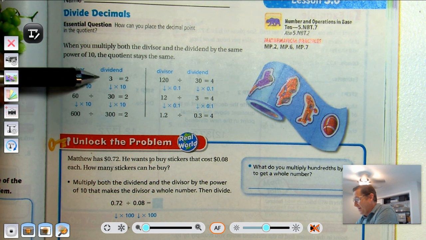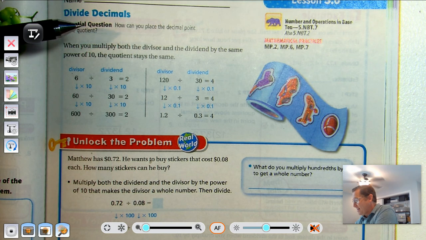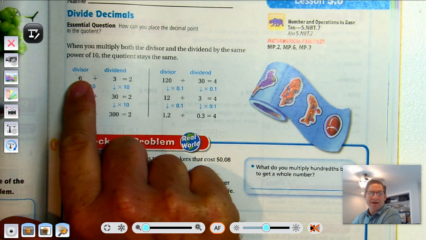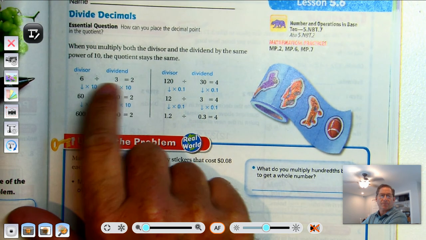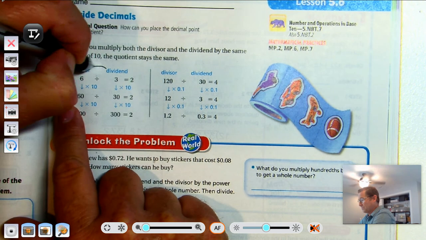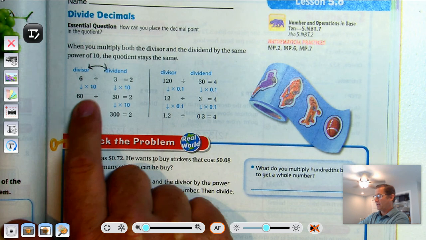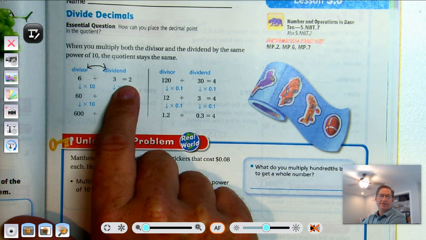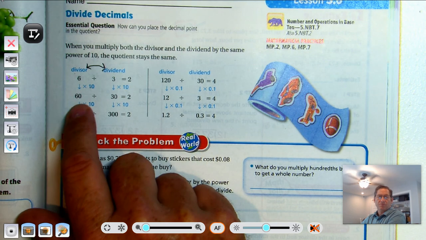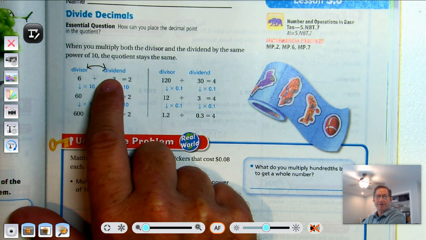So 60 divided by... They've actually got these backwards, don't they? The divisor is on the other side here. Because if we're saying 6 divided by 3, 6 is the dividend and 3 is the divisor. Okay, so this is just a publishing error here.